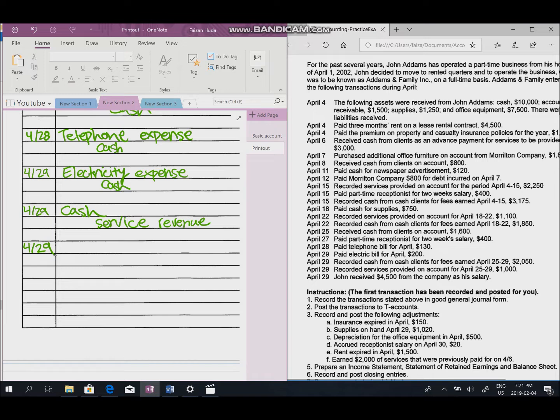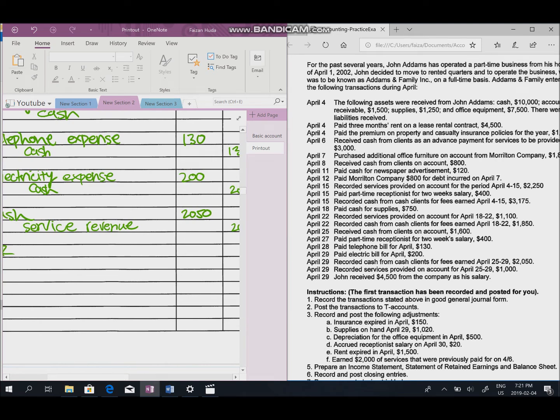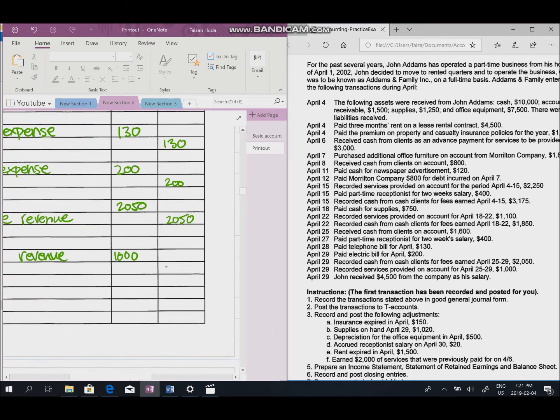Recorded service provided on account. So accounts receivable would increase. Since I provided the service on account, I'm expecting to receive $1,000 somewhere around this month maybe. Who knows when they're going to pay. And then service revenue is also $1,000.